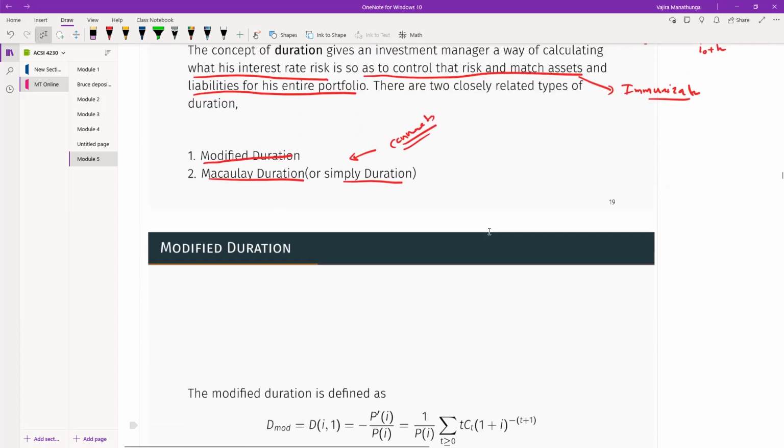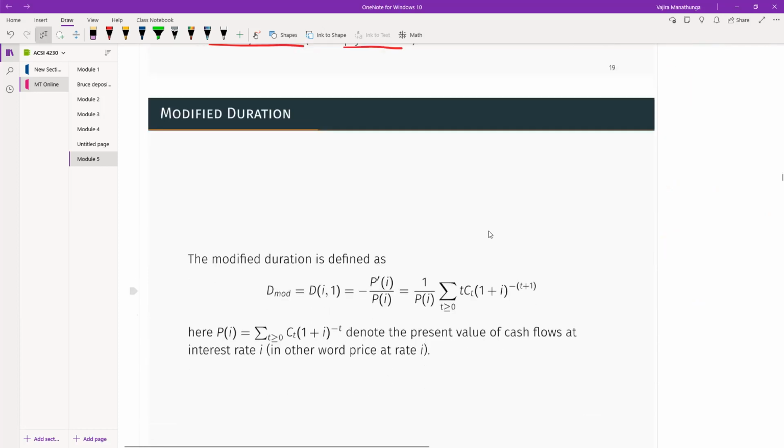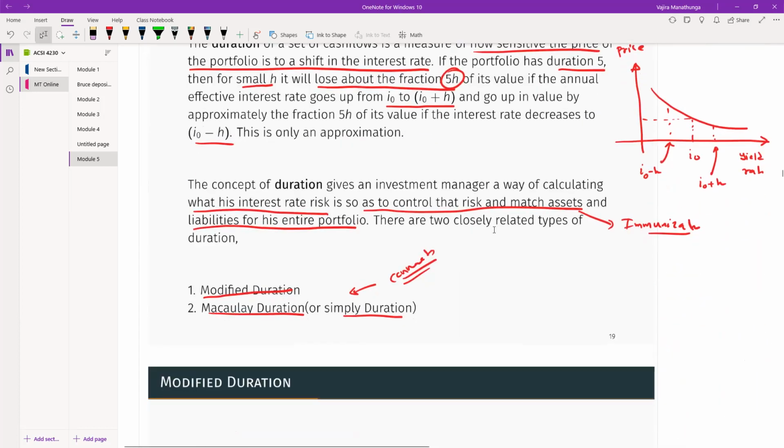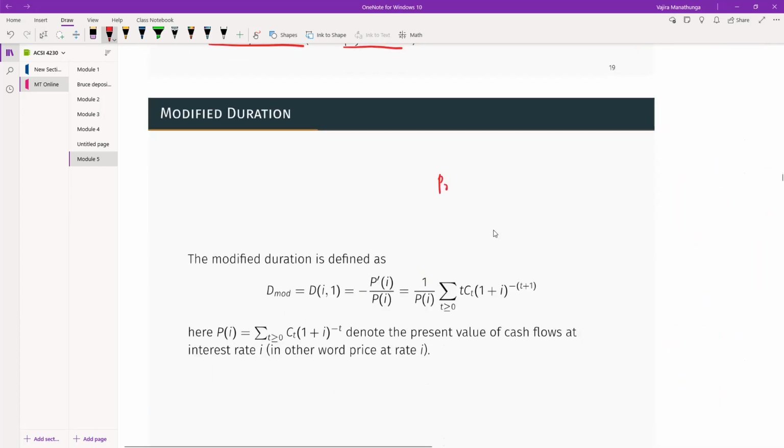So here is the first one, modified duration. Modified duration is defined using this formula. Basically, it's the derivative of price evaluated at i divided by the price at i. Remember the formula here, the price volatility. If I write it down, this is basically the derivative of price with respect to i, so P prime(i) divided by P(i).